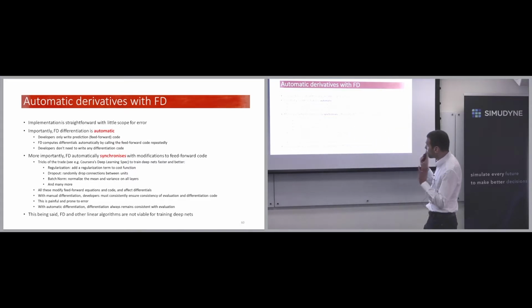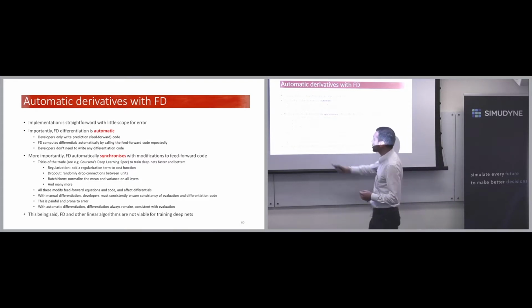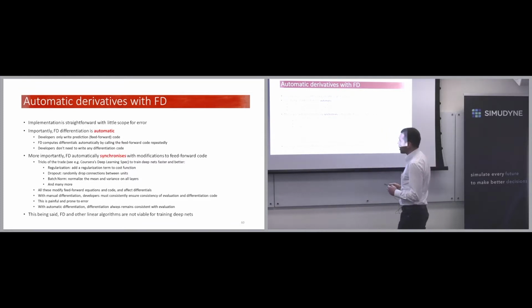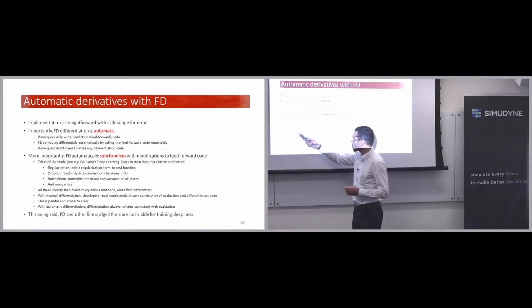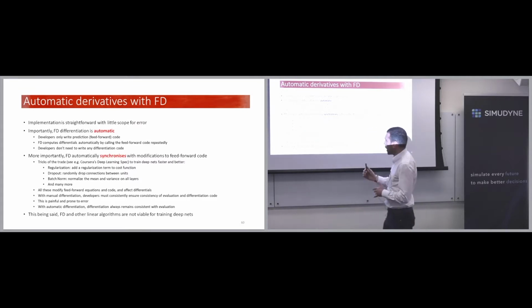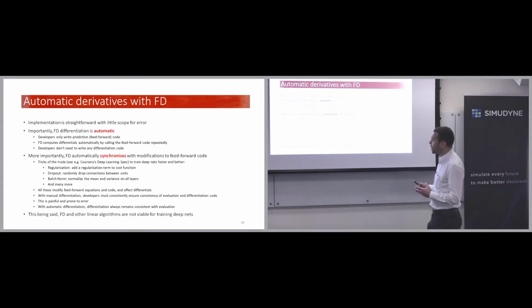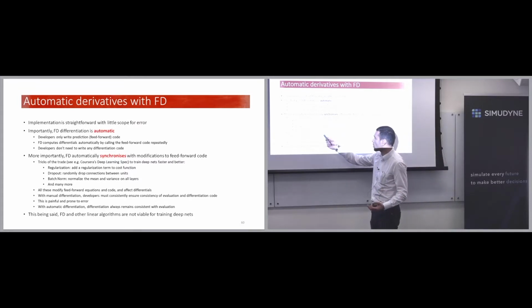So if you're going a bit deeper into deep learning, you will learn about some tricks of the trade to train deep nets faster, better. You have regularization, you have something like dropout, you have batch norm, and many more tricks of the trade. But all of these obviously modify the feed-forward equation, so it modifies the code, and so it affects the differentials.